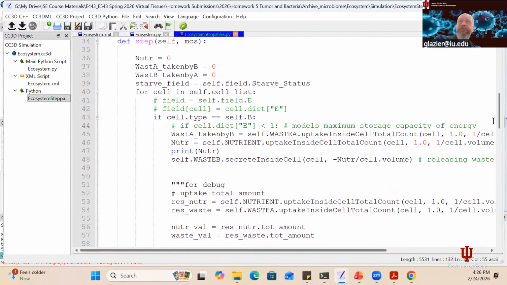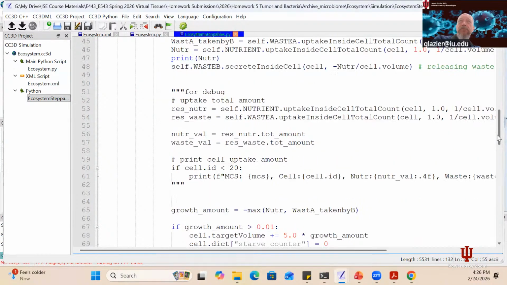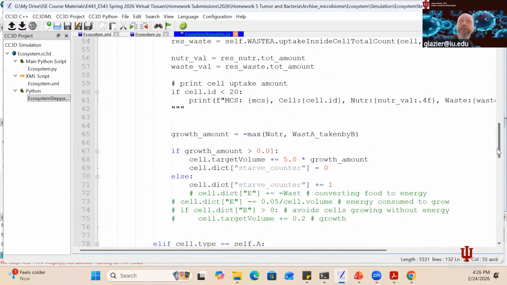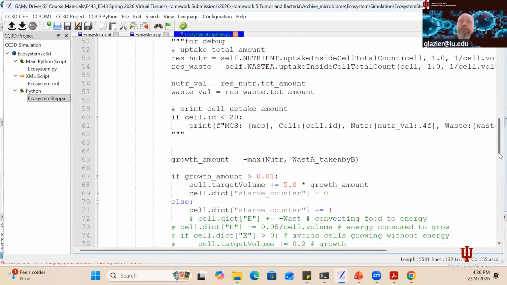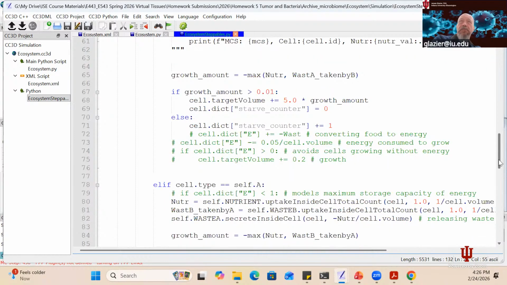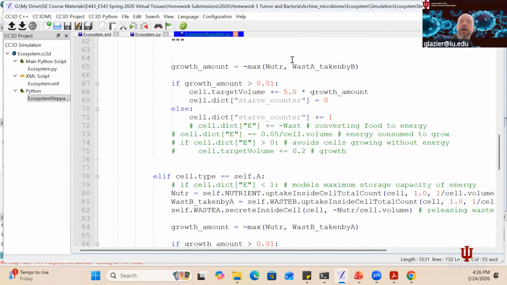Okay. One place for the density, skip that. And then I calculate growth amount based on nutrients and waste A with this microtype. Right. So growth amount is. Okay, so what's happening here? Because they're both negative values, you just choose the smaller one. Yeah, absolute value smaller one. Right. And I set the growth amount based on the smaller value.